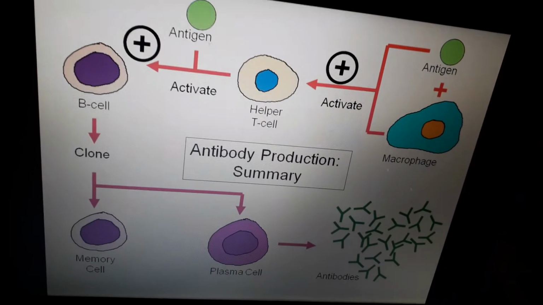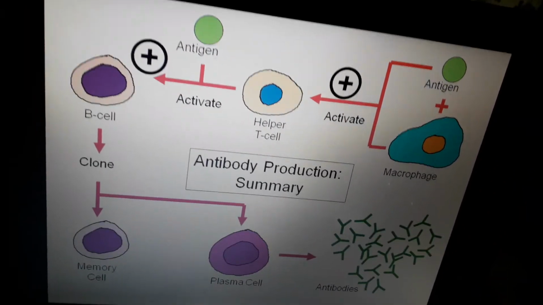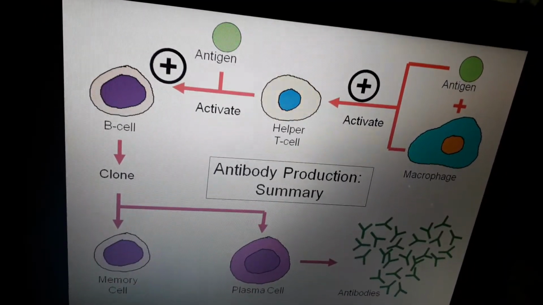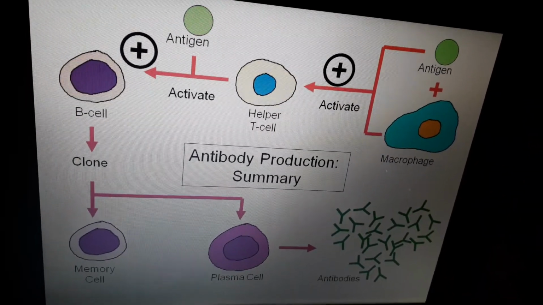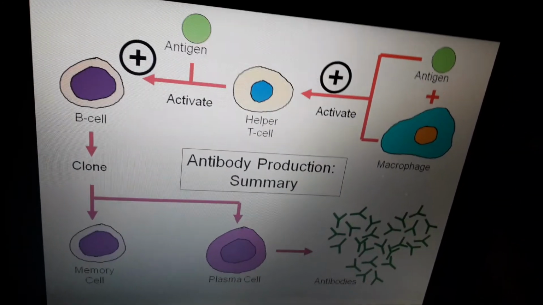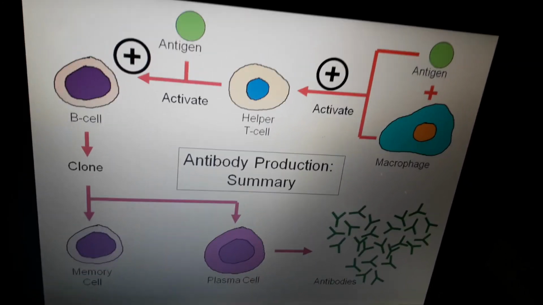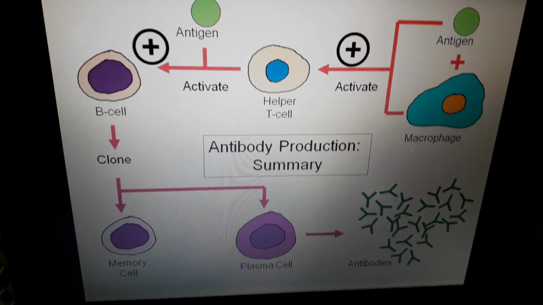Memory cells have the memory of this particular antigen which has invaded our body, and when this antigen invades a second time, these memory cells give rise to a quick response, and we recover from the disease or antigen which invaded our body earlier. So it is all about antibody production.